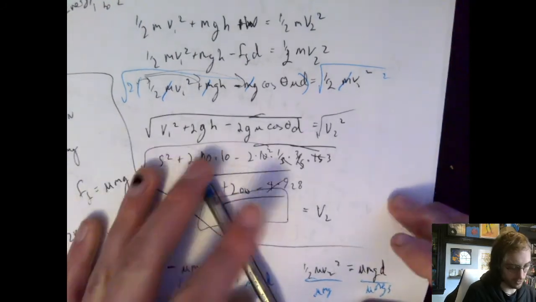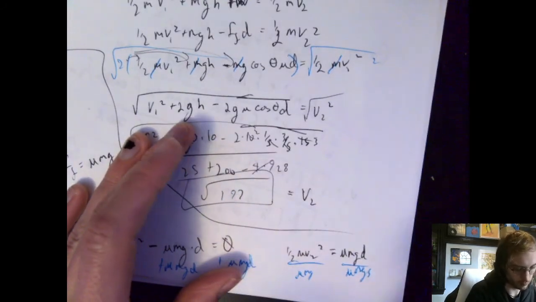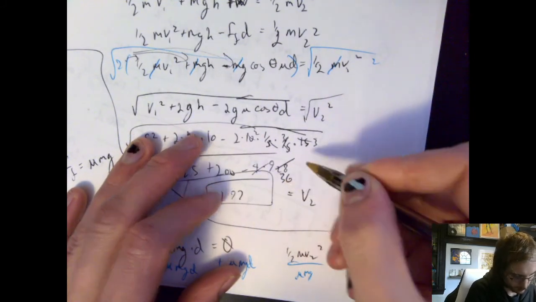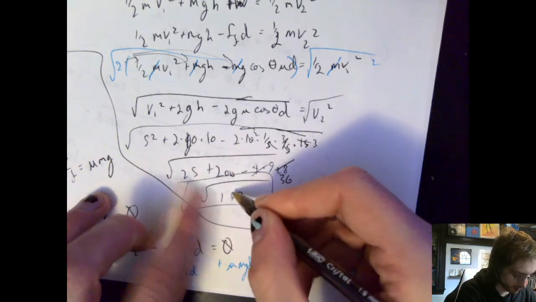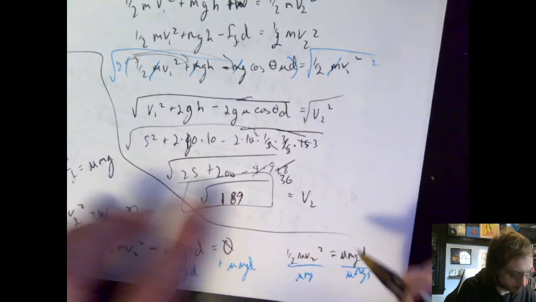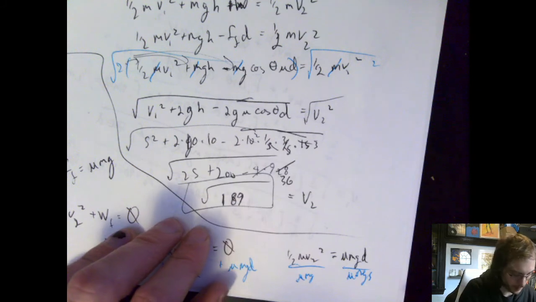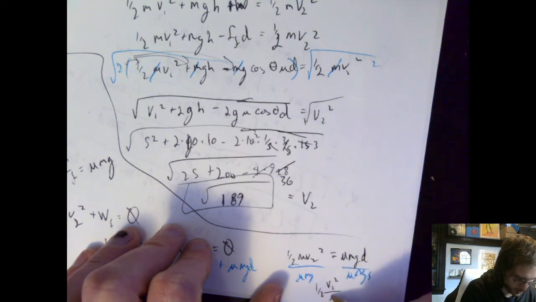And our final answer will be that, no. 4 times 9 is 36. Which means that this is 189. Okay, sorry about that. Which gives us 1/2 v2 squared over mu g equals d.